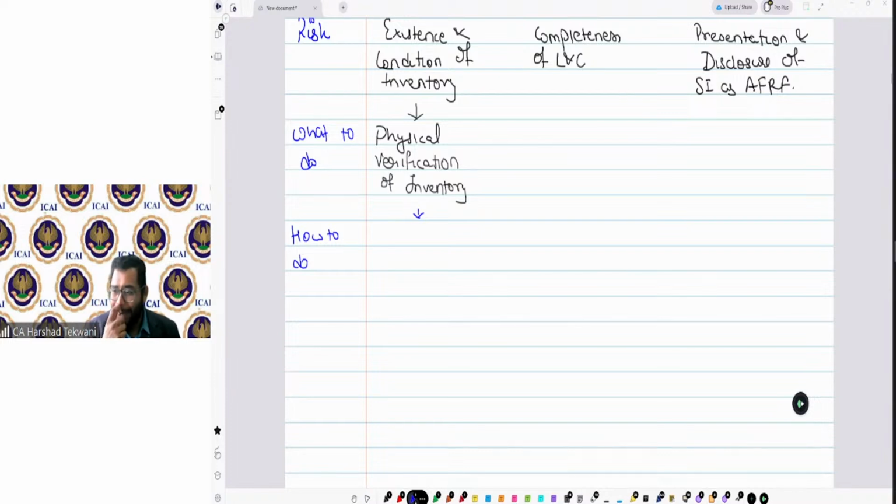Good, Tanisha, on-site attendance of physical verification. Okay. Physical verification done by auditor. Good, good, Geeta. But how will you conduct physical verification on site? Like what will you do? I cannot just go on site and say, okay, I'll start physical verification.